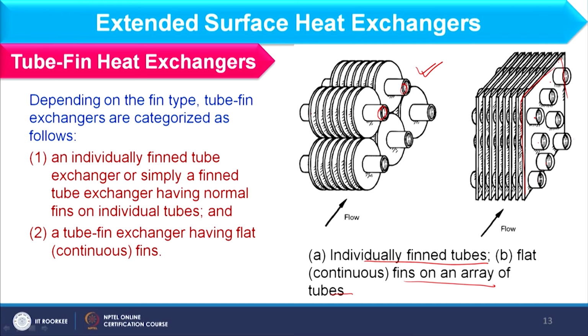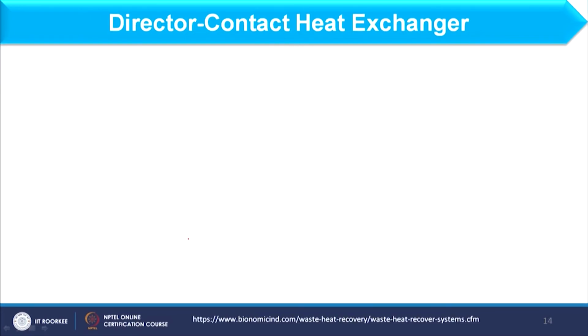So this is basically the array, and we are considering the plate fins over here, but because they are inserted over the tube, it is called tube fins. So depending on the fin types, tube fin exchangers are categorized as individually finned tubes and tube fin exchangers having plate fins. Okay, as we have just discussed.